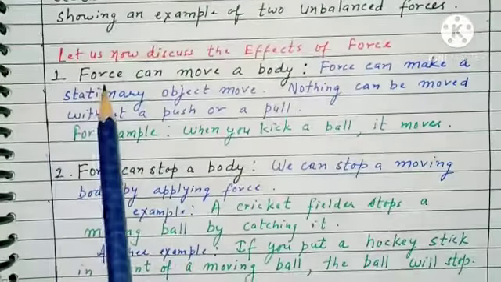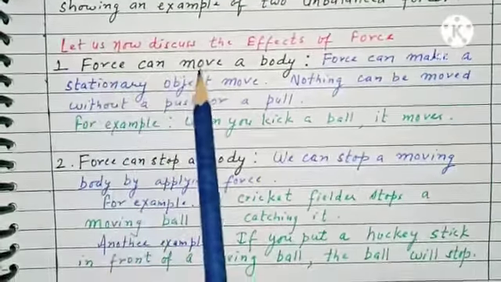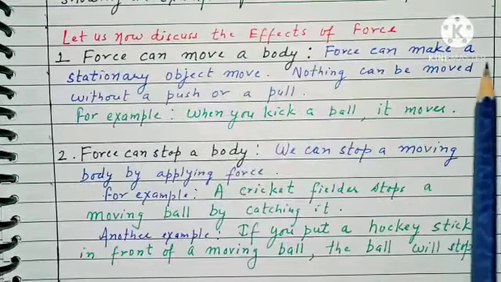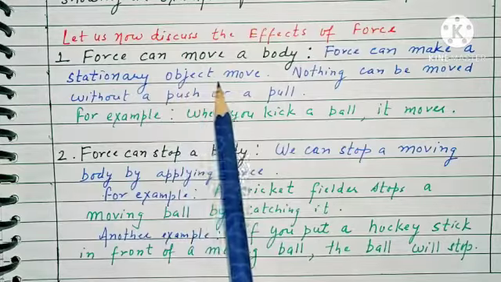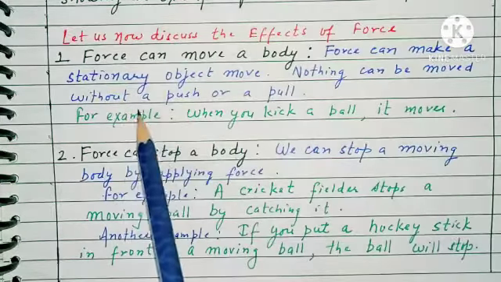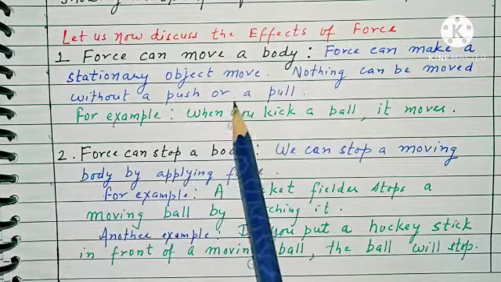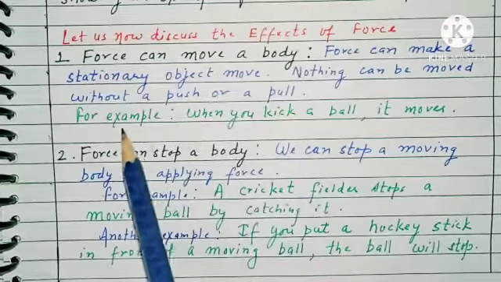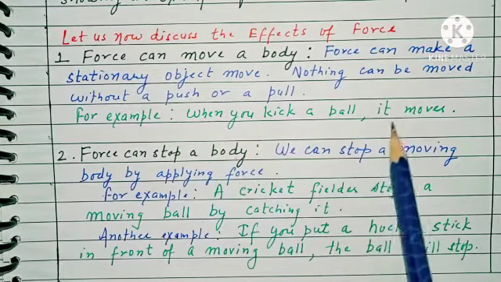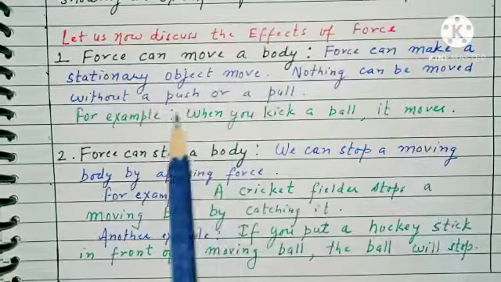Number 1, force can move a body. Force can make a stationary object move. Nothing can be moved without a push or a pull. For example, when you kick a ball, it moves.